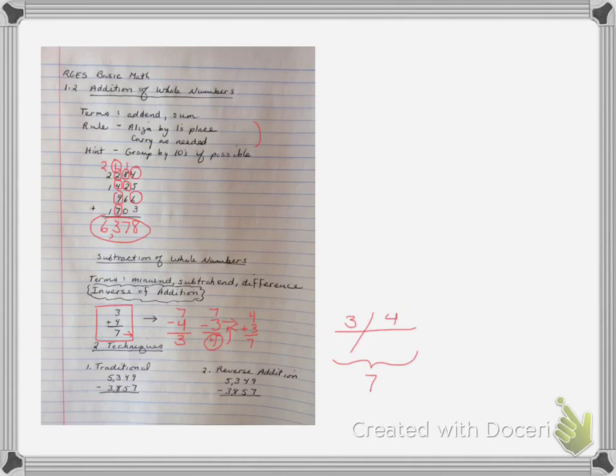Or, with the same picture, I can consider if the whole amount is 7 and I take away 4 of them, I'll be left with 3. Or, if I take away 3 of them, I'll be left with 4. Either way. So this is how we illustrate that addition and subtraction are very closely linked to one another.